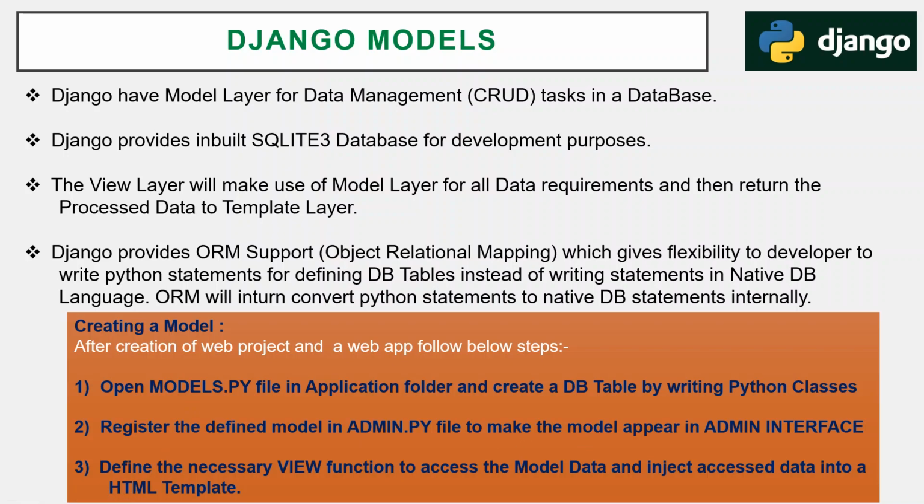Then, to make these models available to the view function, we let the view function access models.py, and through models.py it will contact the database and access the data inside the database, and then the accessed data will be injected into the HTML template. Okay, now let's move to the practical part.